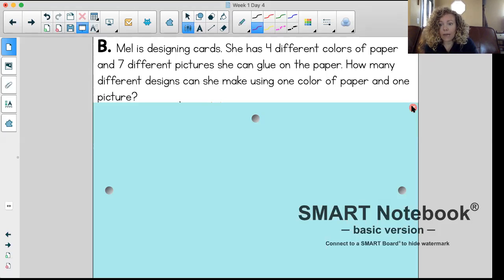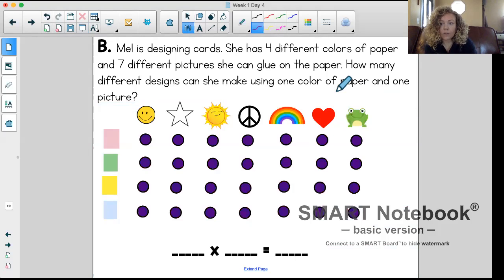Before we solve that, I made us a model to kind of show you what this question is asking. So if you can see down on the side here, I made 4 different colors of paper and then 7 different pictures across the top and built an array to show each different design that she could make. We know when we build an array, we're multiplying our length and width.